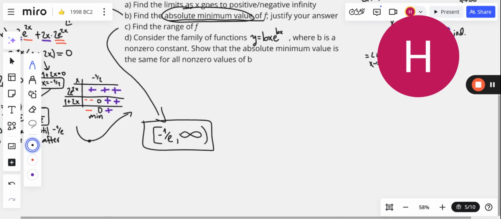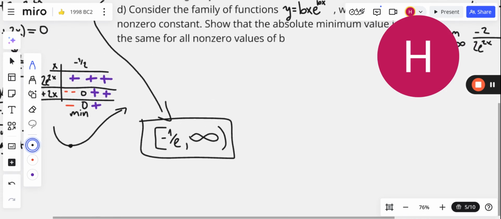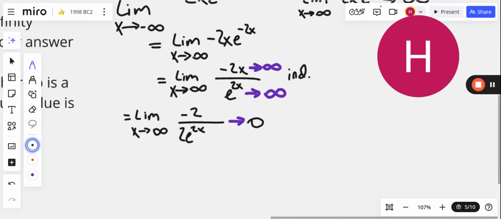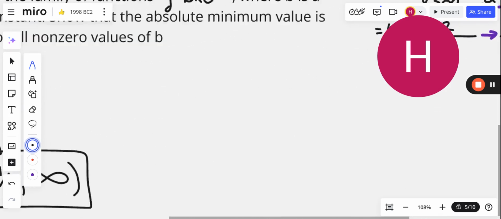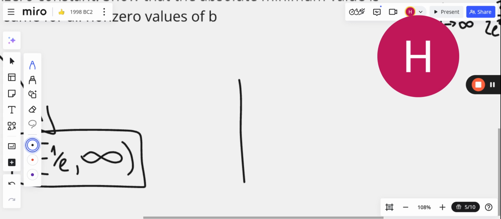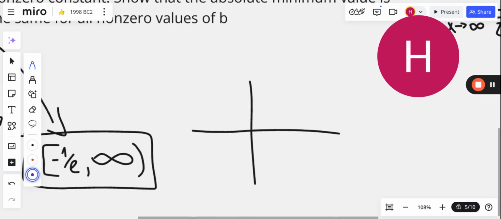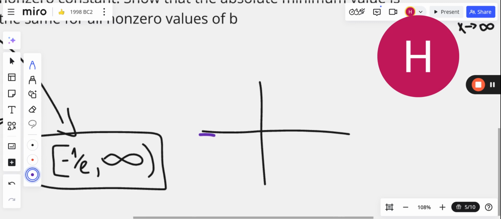It doesn't quite have a sketch of the graph, but I do want to emphasize that because the limit as x goes to negative infinity was 0, that does mean that the graph is going to look something like this. Something possibly like that.